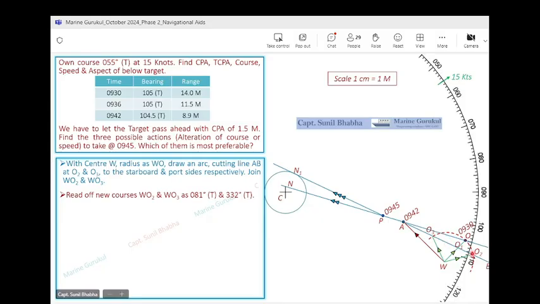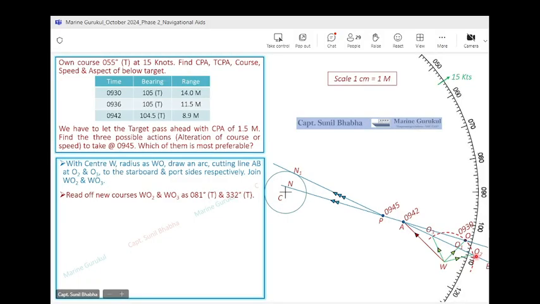This is going to result in a line of approach O2A, and effective at 9:45, this will result in the vessel moving on line of approach PN1, coming at CPA at point N1, which is the desired CPA of 1.5 miles.